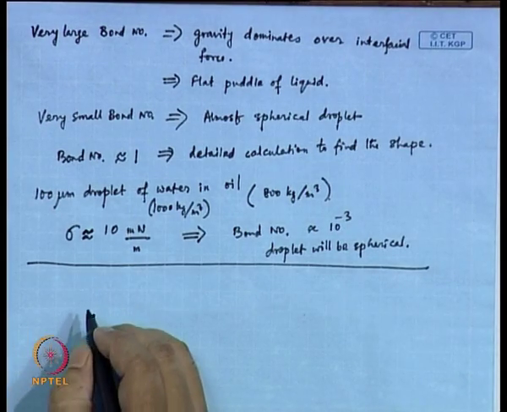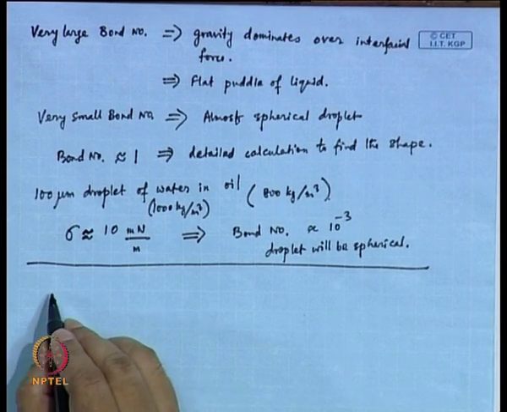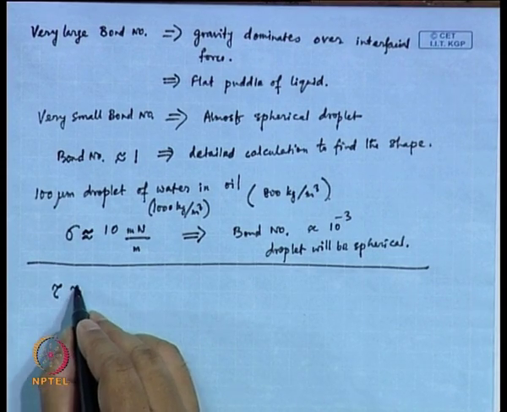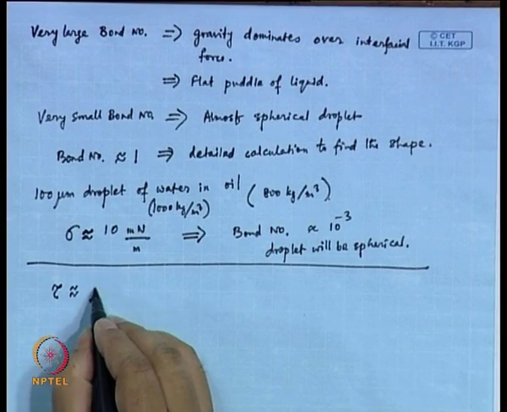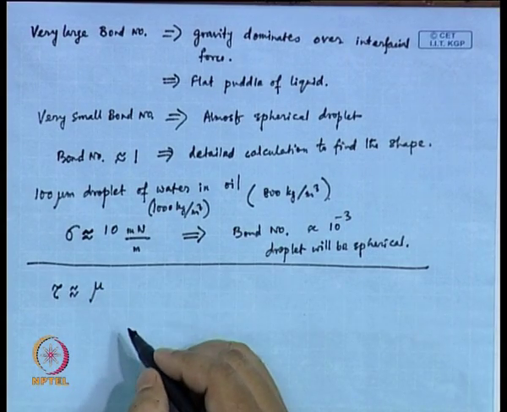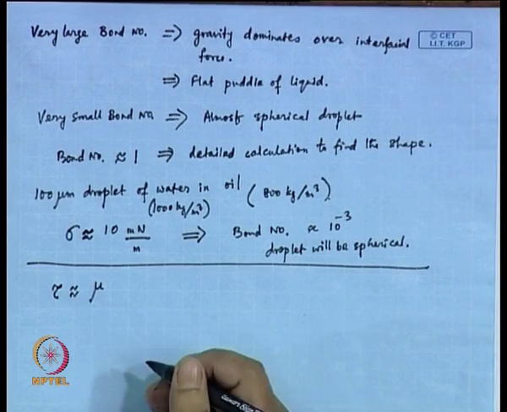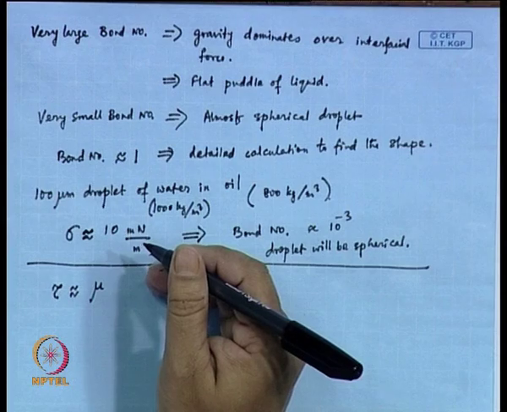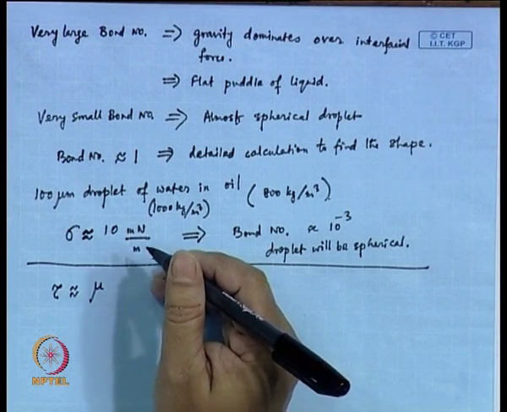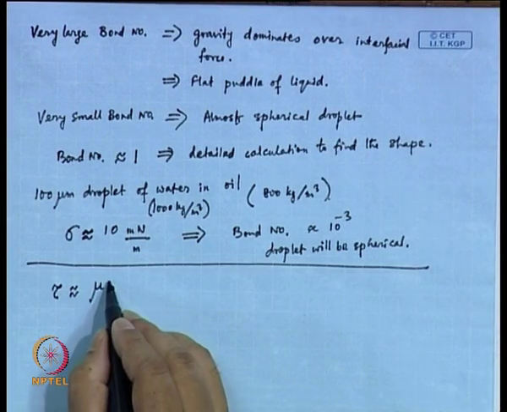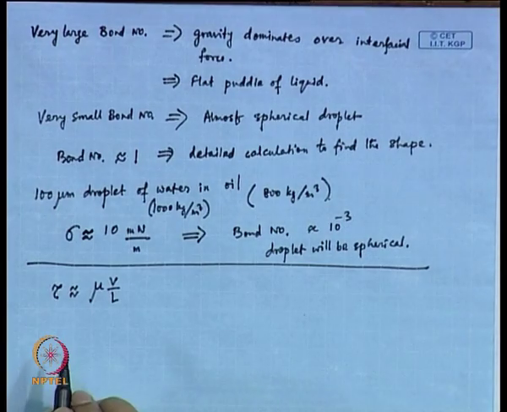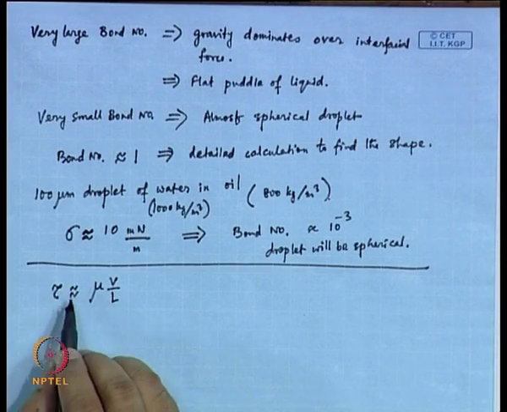So, here think of it this way, that tau dimensionally, tau is what? Tau is mu du dy, you call it. Now, du dy, if at the wall it is 0 and if a distance L away from the wall it is v, you can call this mu v by L. Okay. So, that is the shear stress.